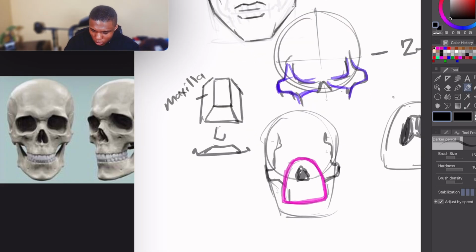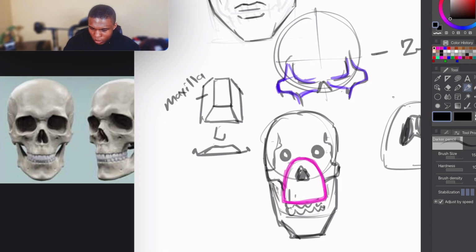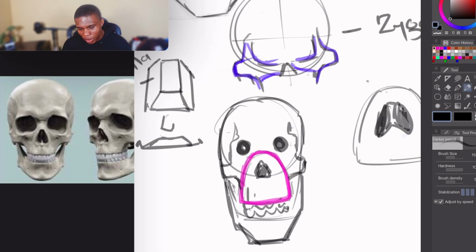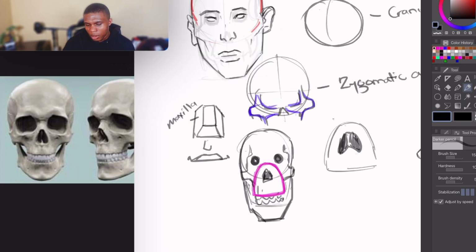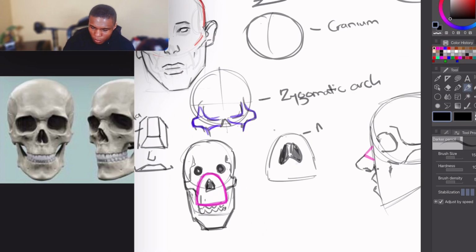And then of course our upper jaw, and then we'll put the teeth, like this. Anyways, I over exaggerated it, but you get what I mean. That's the maxilla, very important.